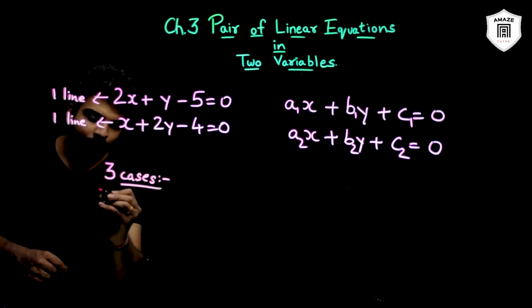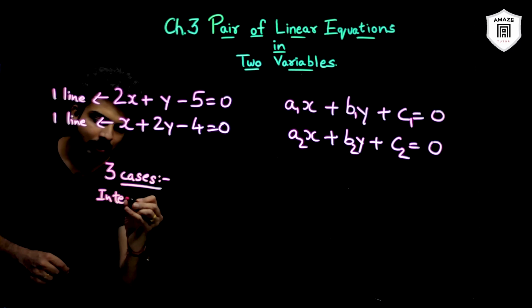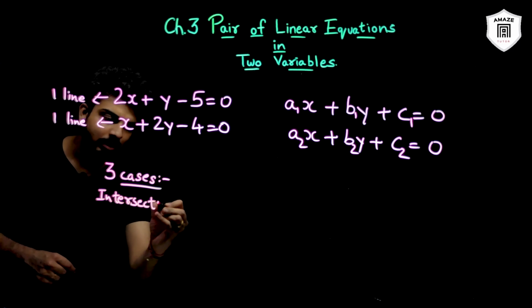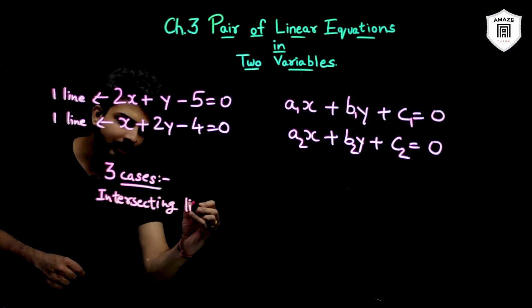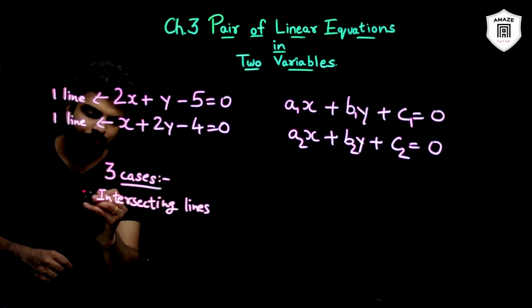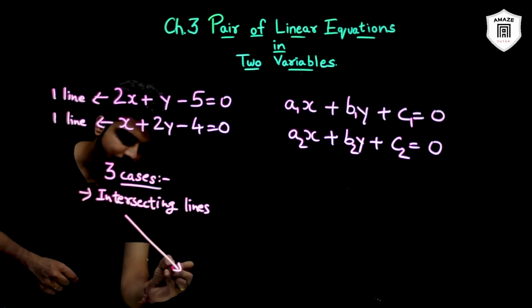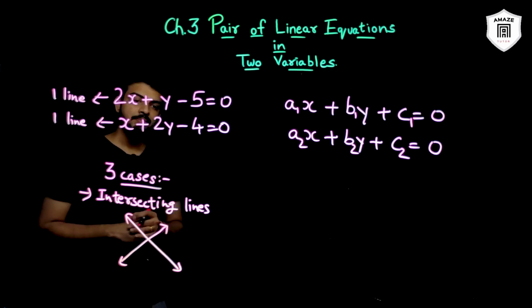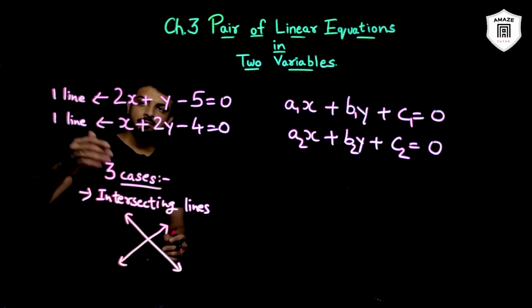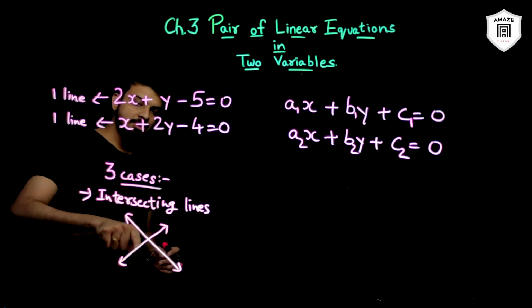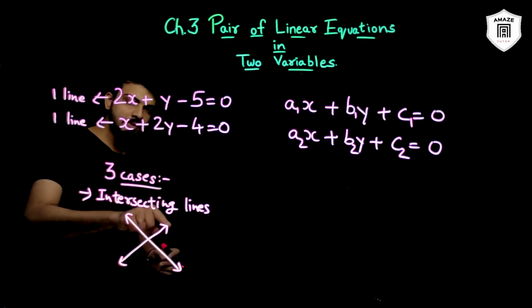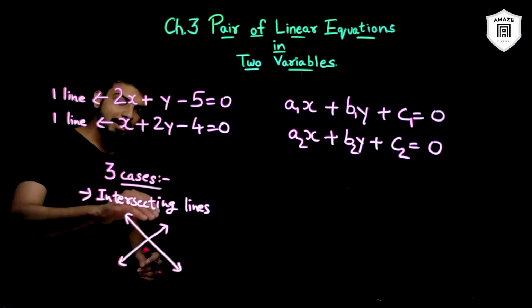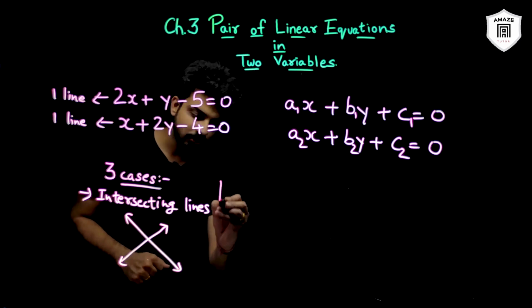We can have intersecting lines on the graph, okay, like this. Yes, we can have intersecting lines. One line will be the representation of one equation and the other line will be the representation of the other equation. We can have intersecting lines if we have two lines on the graph.